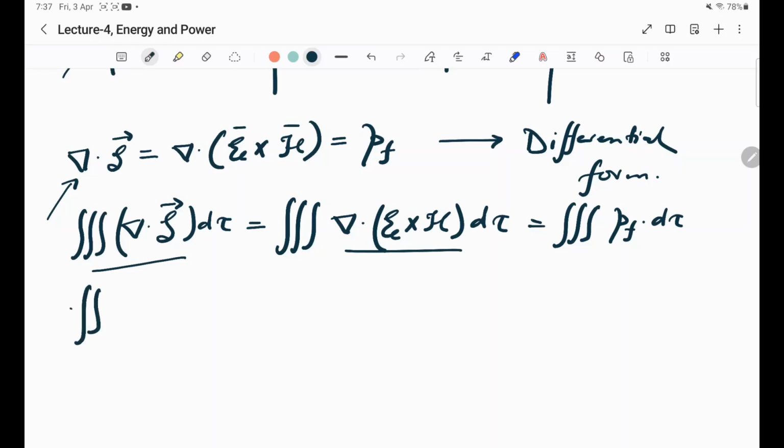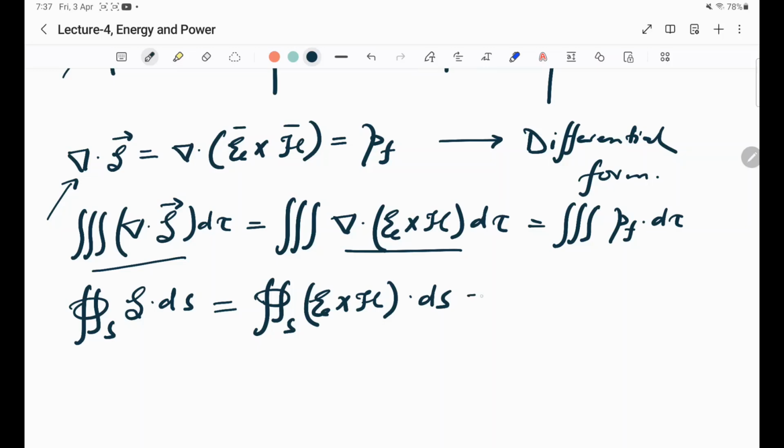So we can apply the divergence theorem on these two terms. It will become closed surface integration of S dot ds, which is equal to closed surface integration of E cross H dot ds, which is equal to, let's call this a capital PF, because when we do volume integration of any density term, here we have a power density PF, we will get a total power flux.